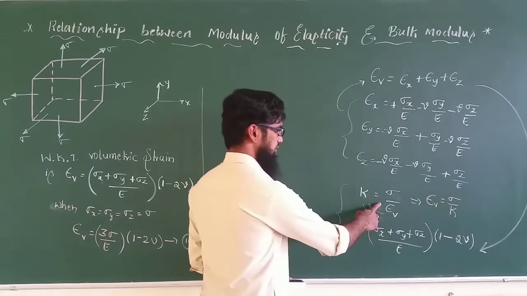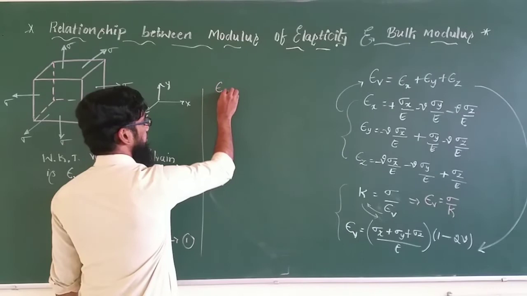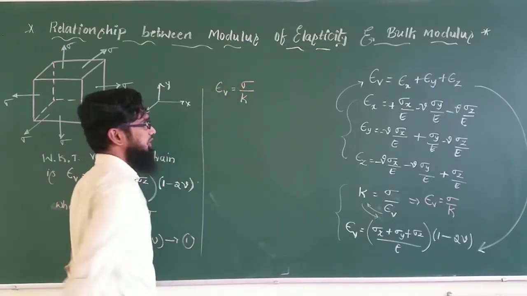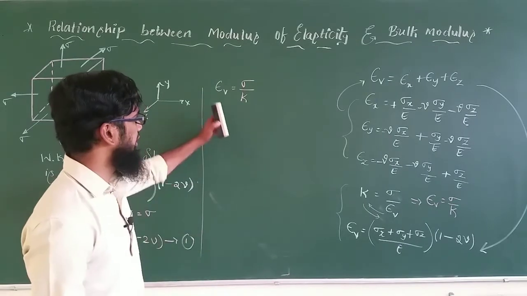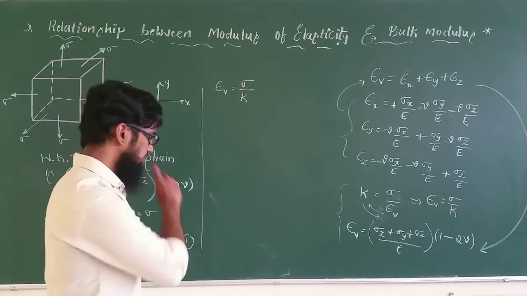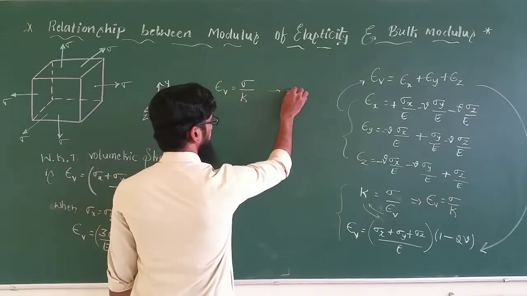Okay, from this equation I can write epsilon v is equal to sigma by k, where sigma is the volumetric stress, epsilon v is the volumetric strain and k is the bulk modulus here. Okay, now these are the two conditions. This is equation 2.